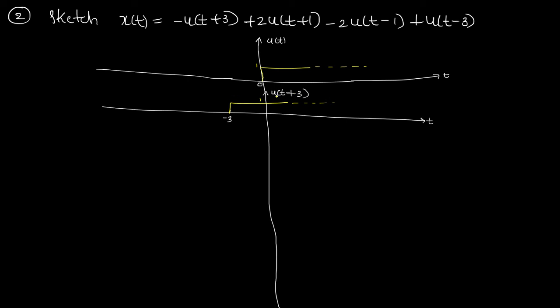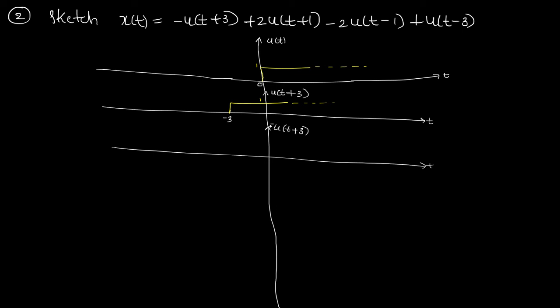What you have to do? You have to subtract this one, or you can multiply the negative sign with the amplitude and then add. So I'm now drawing minus u of t plus 3.